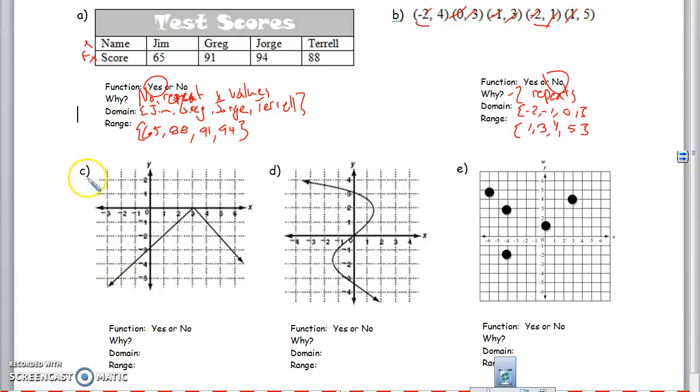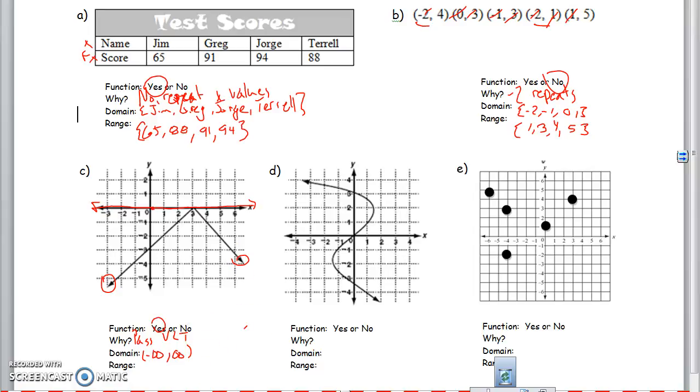Is this a function? It does pass the vertical line test because it only goes through once here, so yes. Now domain and range, here's where it can get tricky. If I go left, this arrow tells me I'm going to infinity, so I'm starting at negative infinity. Remember, there's always a parenthesis for infinity. If I go right, this arrow goes to positive infinity.